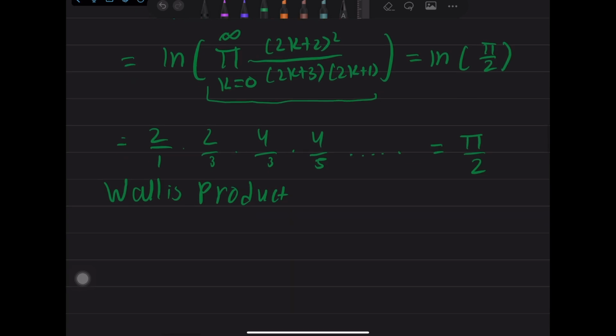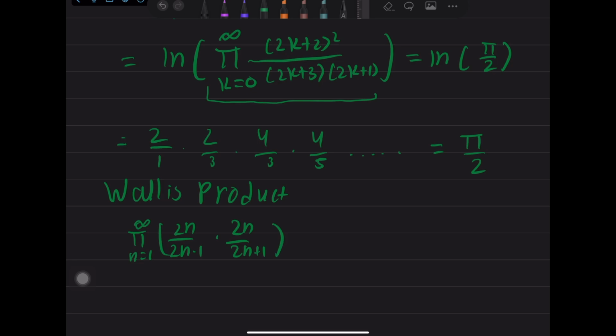The Wallis product is often seen like this. This is often how you may encounter it: the product of 2n over 2n minus 1 times 2n over 2n plus 1. So this is often how it may be written.